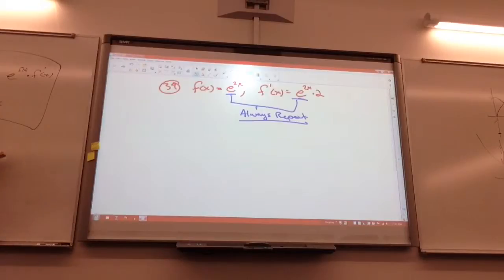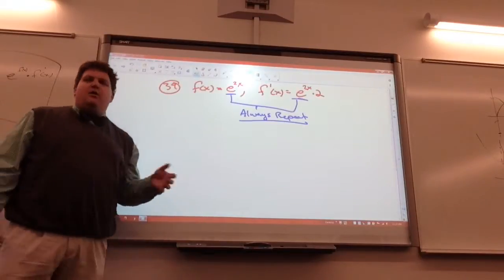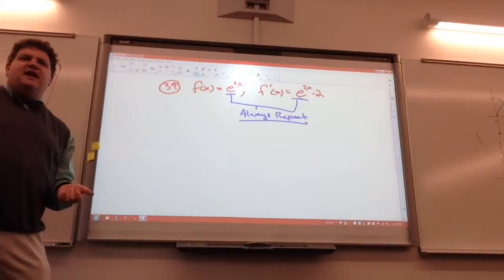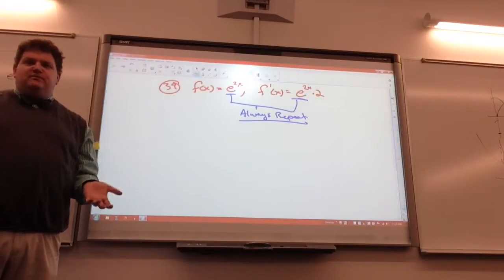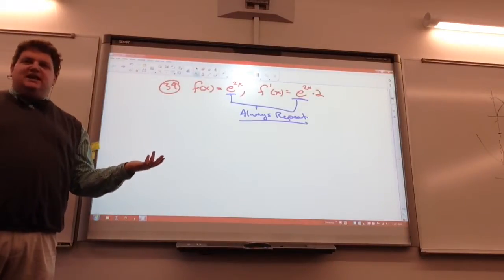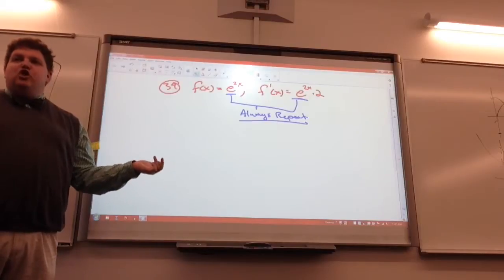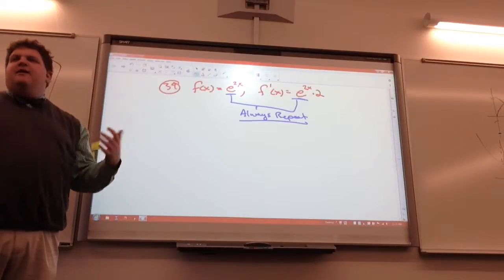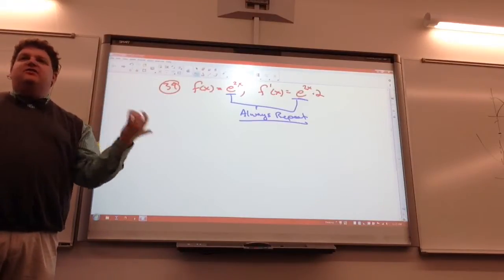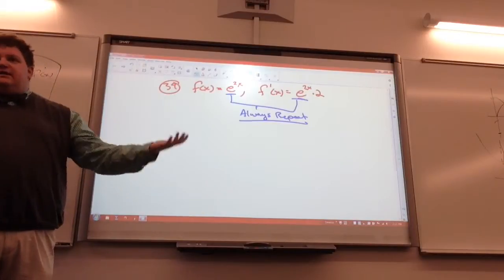Remember, e is Euler's number, it's 2.7 and change. If I have the function e to the x, let's say I evaluate it at 2, so e squared, and I ask you what's the slope of e to the x at 2, the answer is e squared.